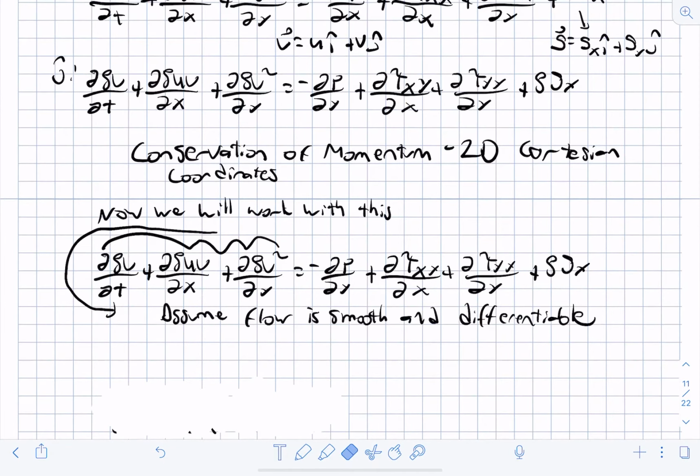Okay, and we will use the product rule, and to do that we will have to assume that basically all of these terms here are smooth and differentiable.